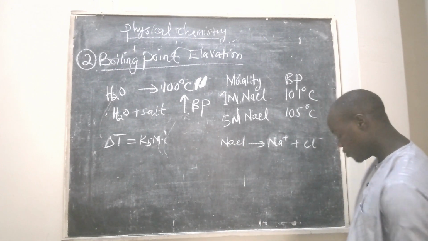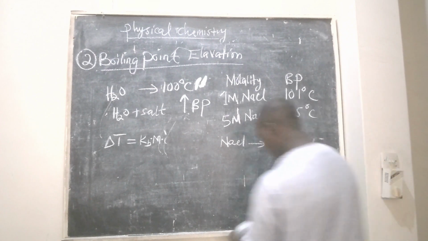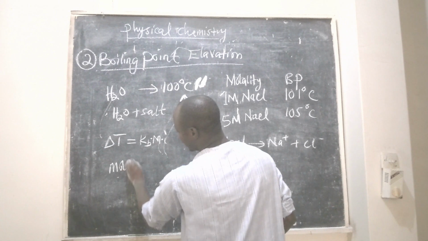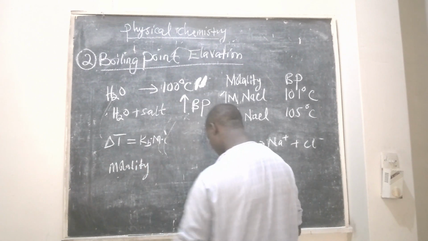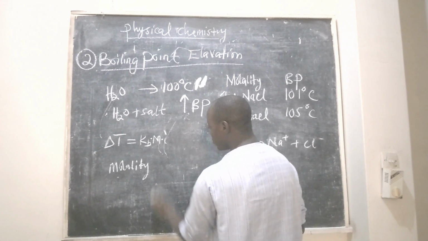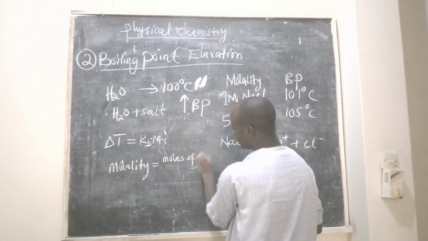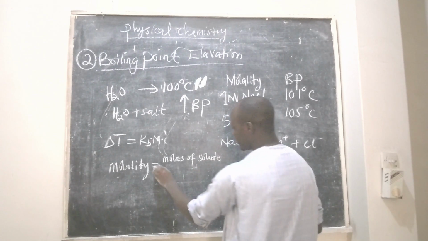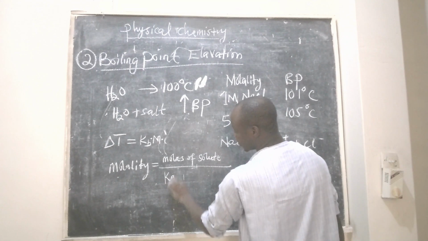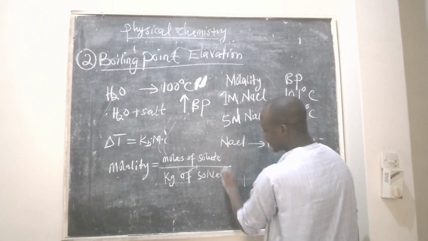So how do you calculate molality? The formula for calculating molality is moles of solute divided by kilograms of solvent.